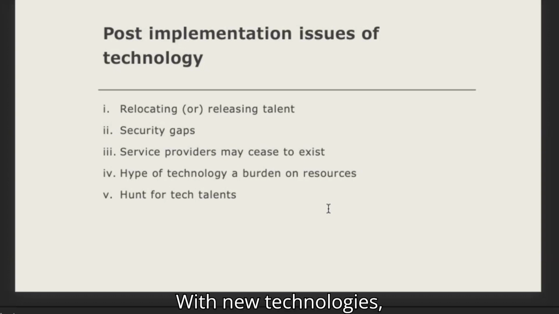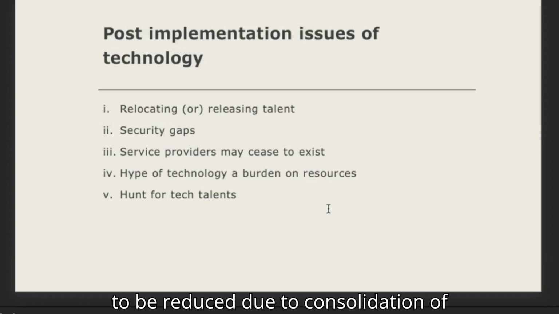With new technologies, we need new skills. We need the size of the department to be reduced due to consolidation of work.